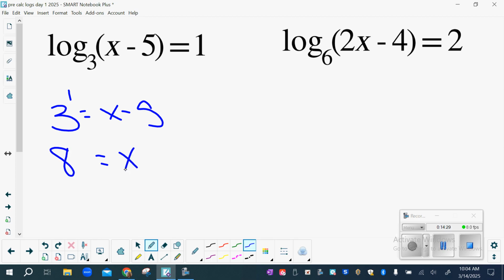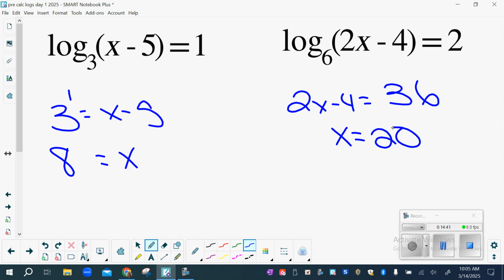How'd I do? Am I good? X equals 8. How about the next one? 2x minus 4 equals, look at that, 36. X equals 20. I move the 4 over, divide by 2. Am I good? Easy?